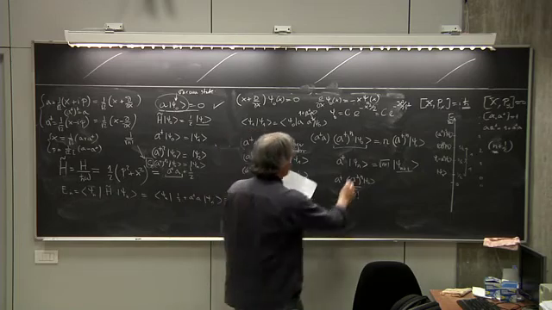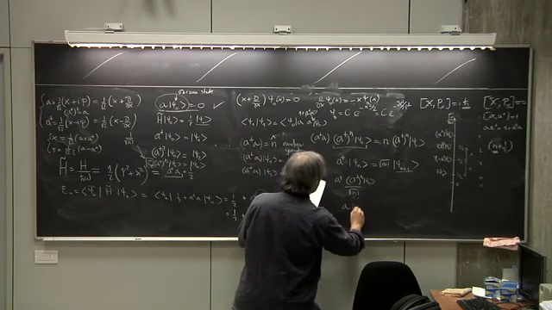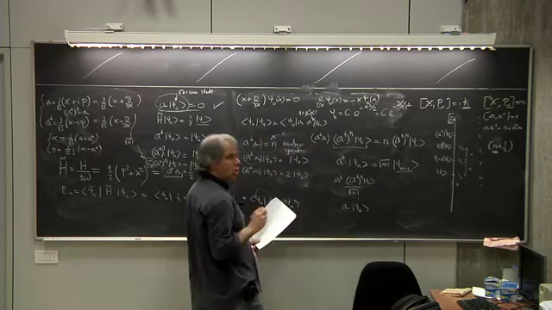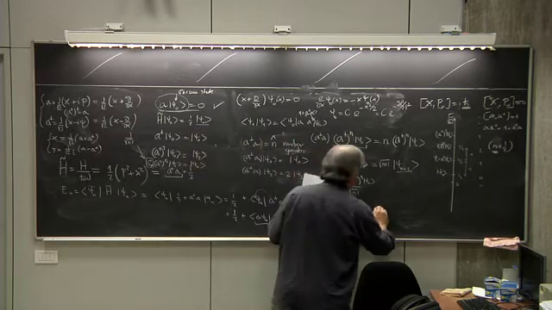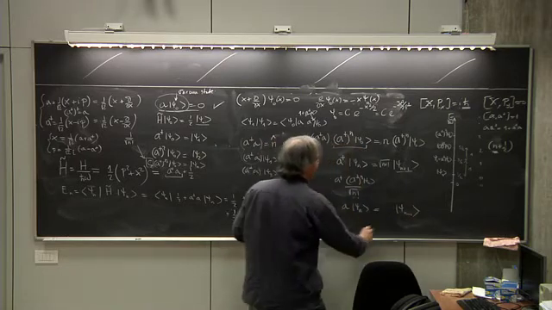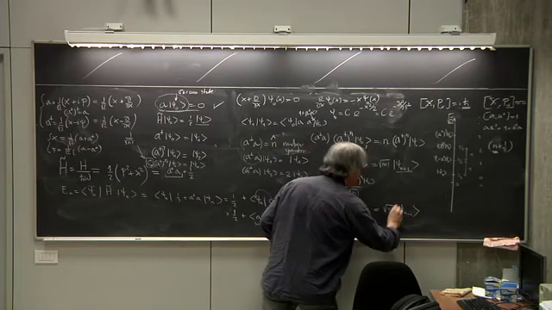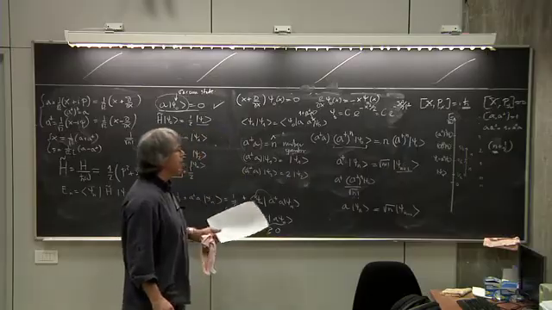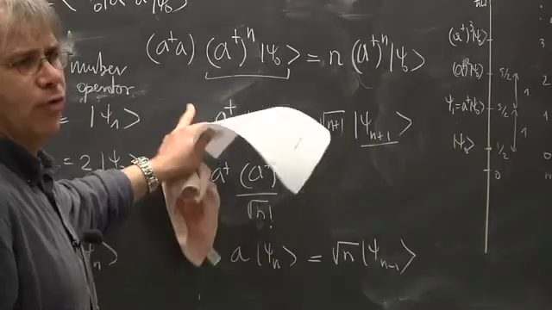And in a similar way, you can prove that if you apply A to psi n, you destroy one of the excitations, so you go towards psi n minus 1, but there is a square root of n factor. Now, both these things are very useful, in fact.